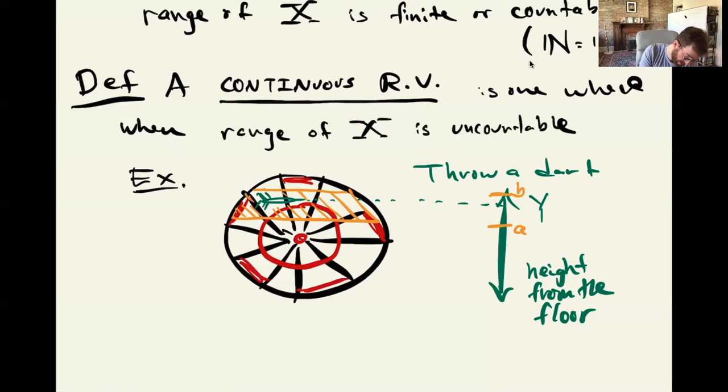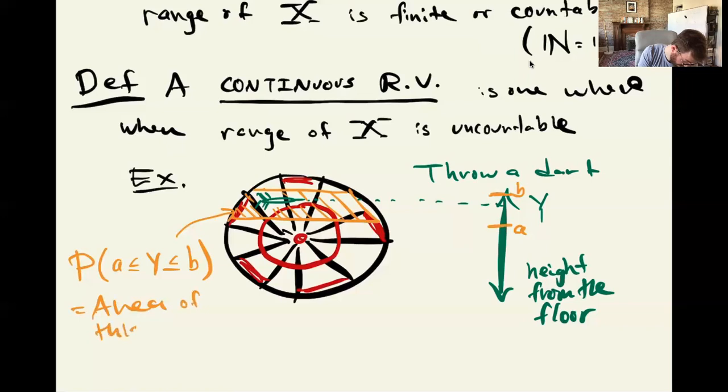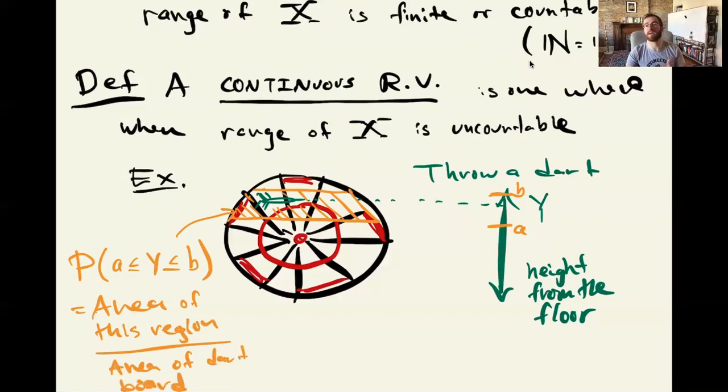And in this case, I would then say that, oh, the probability that y is between A and B is given by the area of this region, of course, divided by, let's say, the area of the dartboard. Of course, this sort of normalization factor is just a byproduct of the fact that probability can never be greater than 1. And so you need to make sure that you normalize by the total area of the dartboard.